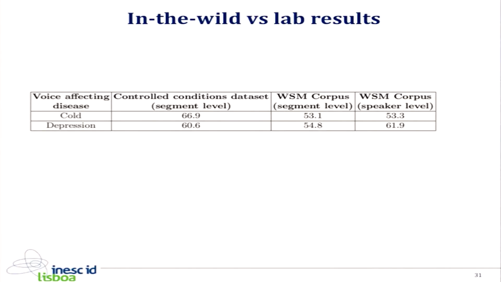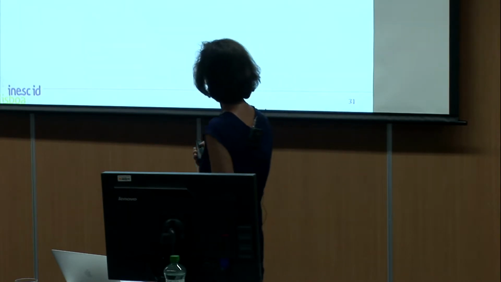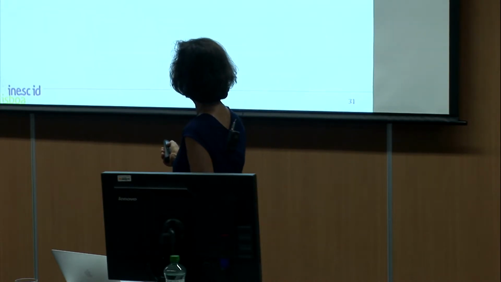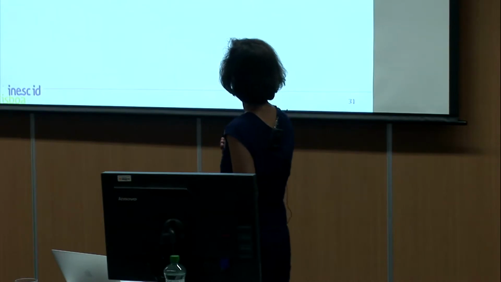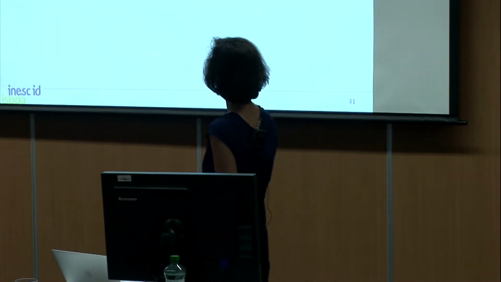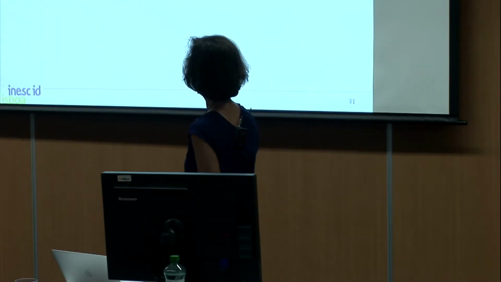So now we have our filtered data set, and we wanted to see how it compares with the previous baseline that was trained with controlled data. So remember that with controlled data, we had got for the cold data set 66.9, and when we got to this in the wild data set, we got much less, 53.